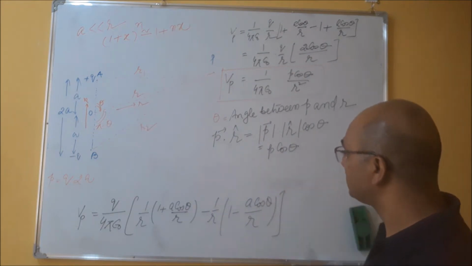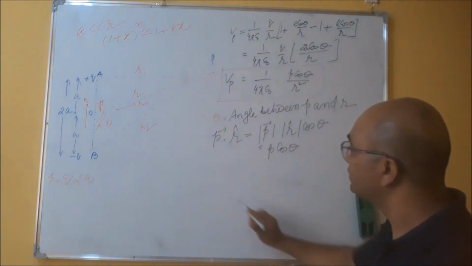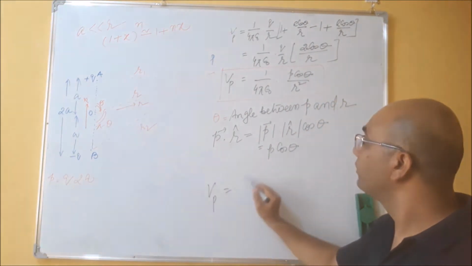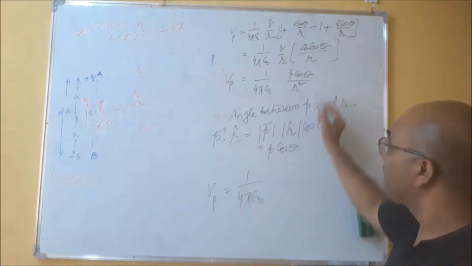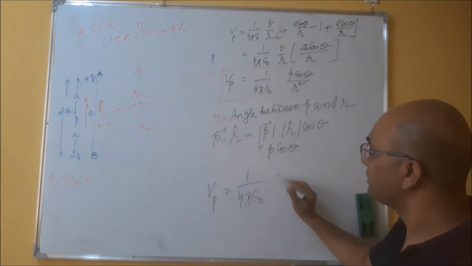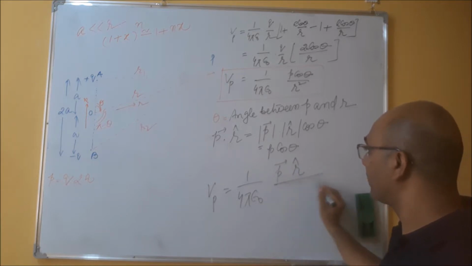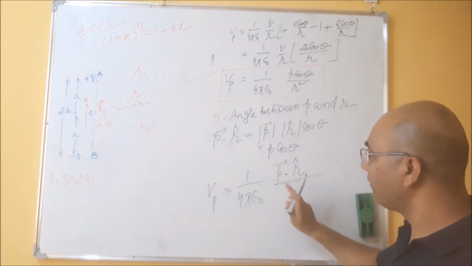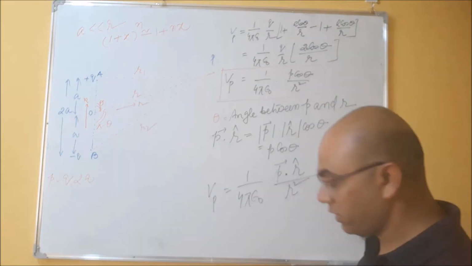So this means Vp can be written as 1 upon 4 pi epsilon naught, p cos theta can be written as p vector into r cap, the dot product, divided by r square.